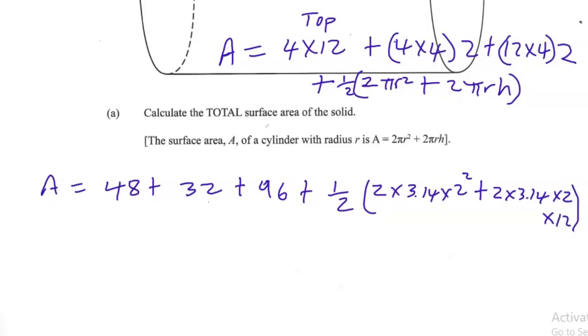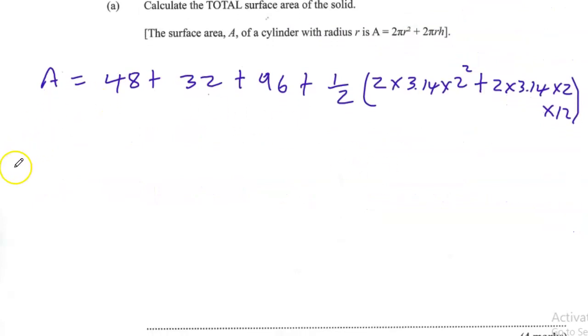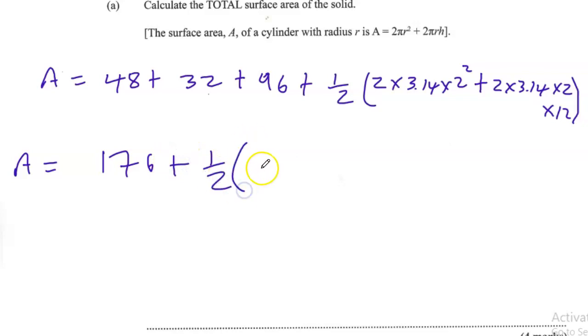So the calculation now. So A, let's do the addition. 48 plus 32 plus 96, that's 176 plus half. In the bracket now, we have 2 times 3.14 times 2 square, that's 25.12, plus 150.72, that's 2 times 3.14 times 2 times 12.